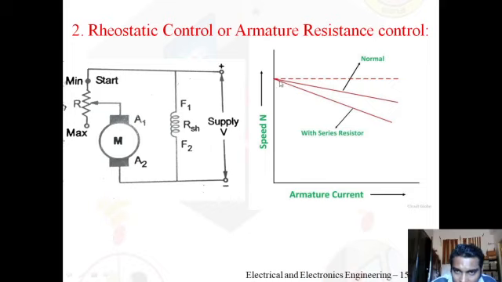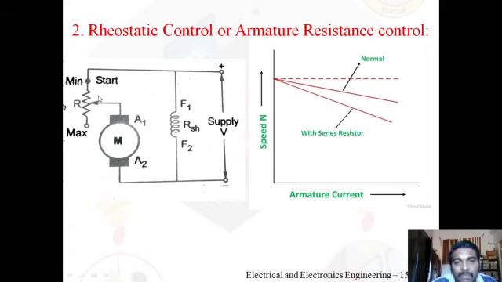Now this line, indicated as normal, means when the load is varied from no load to full load, from 0 to maximum or rated load, the speed varies, representing the speed current characteristics of a DC shunt motor. Here also the resistance included in the armature is 0.